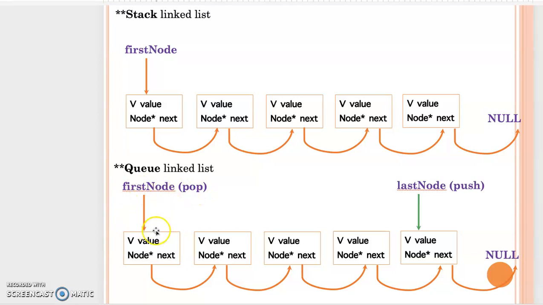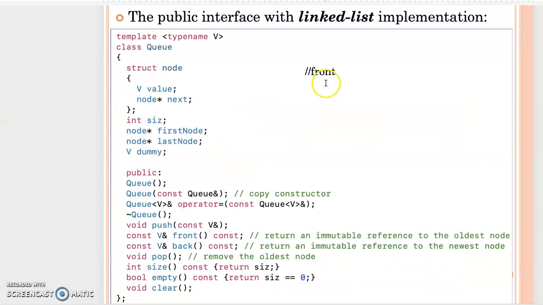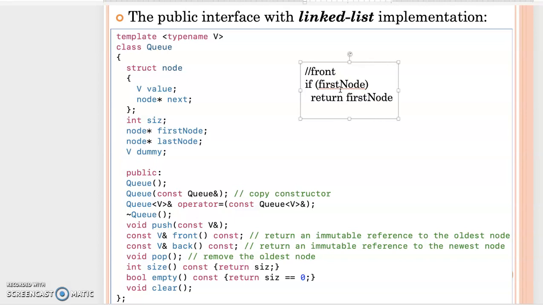If our first node is not equal to 0, we will return the value. Not equal to 0 actually just means that 0 becomes false. So if first node is not 0, this one is true. So if you have a first node, you just return the first node value.